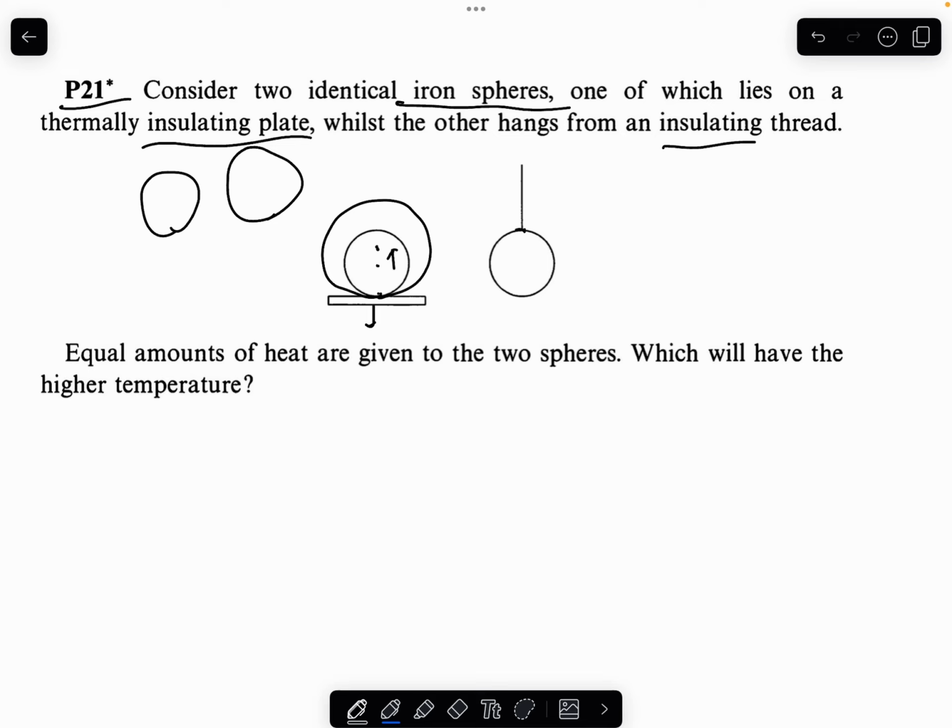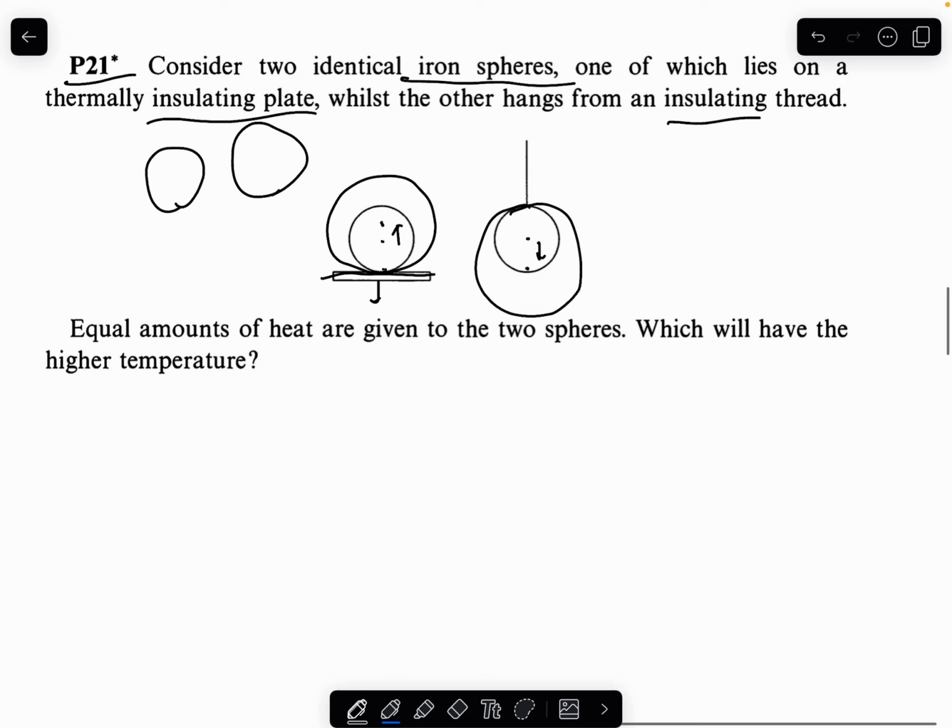And for the right hand side, it will be something like this, and the center of mass would decrease in height. So the left hand side gives some of its energy to the rise of the center of mass. So the left hand side would have the lower temperature, and the right hand side will have the higher temperature.